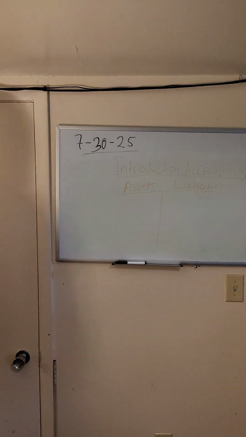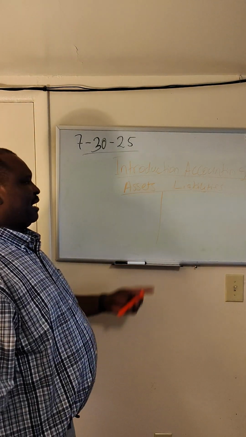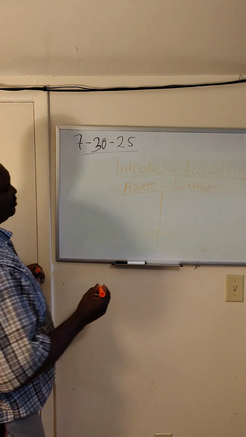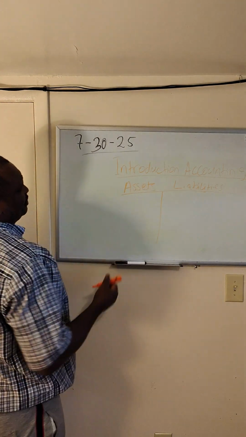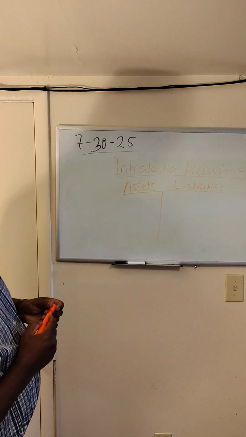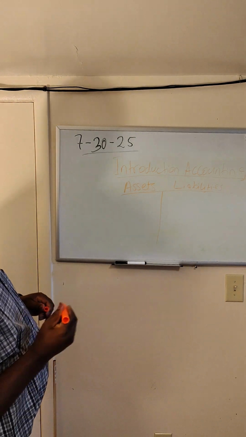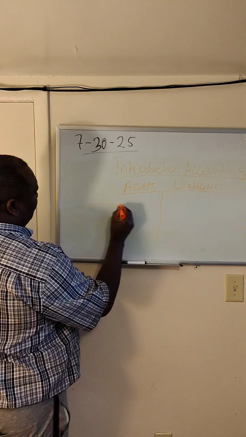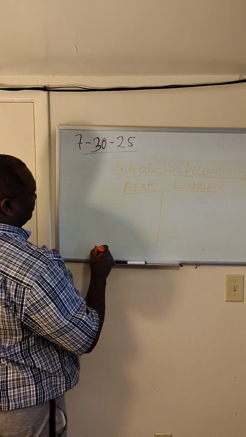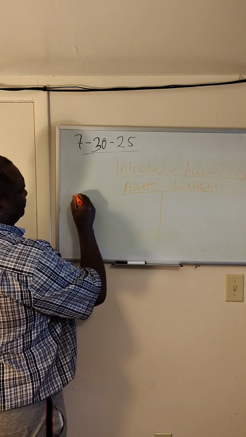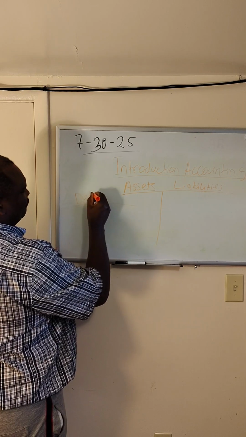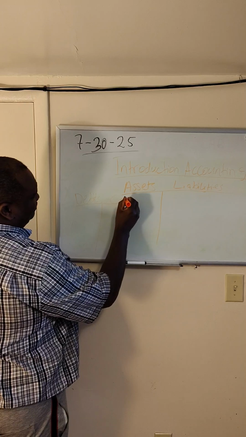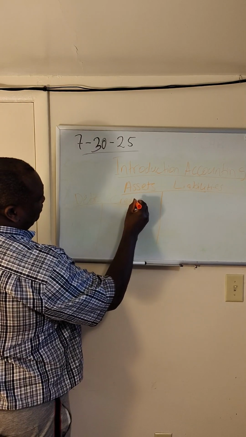Now, this one, mine is assets, but you can have one that says debits and the other one can say credit.